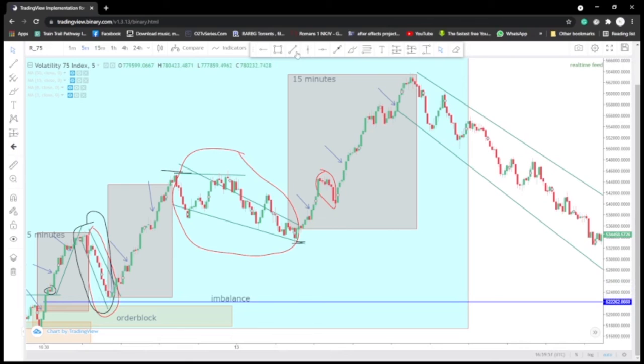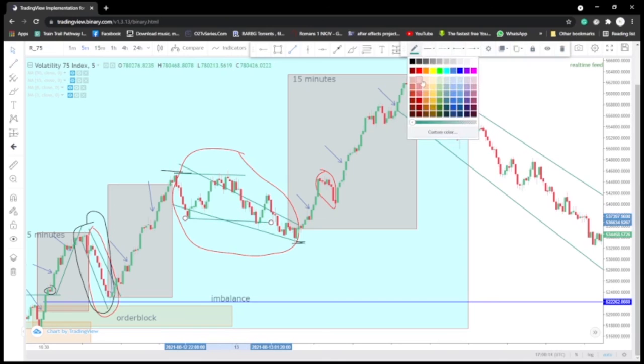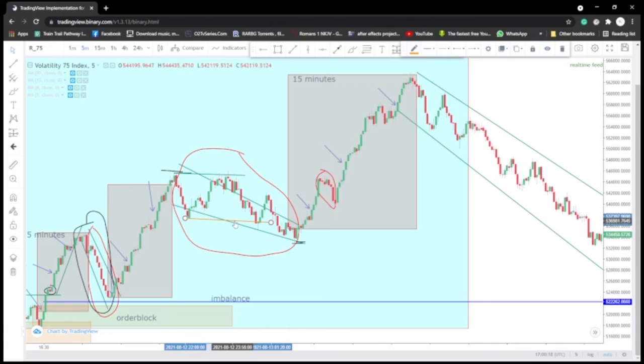And how do you know that price is about to reverse on your lower peak so that it can go to buy? Liquidity. Let me mark that with a different color, maybe orange. Liquidity, guys.